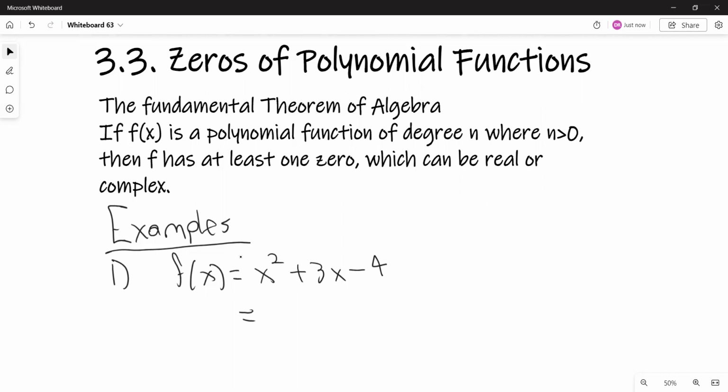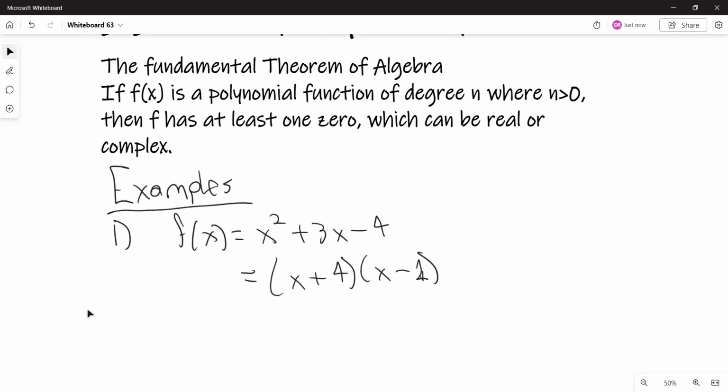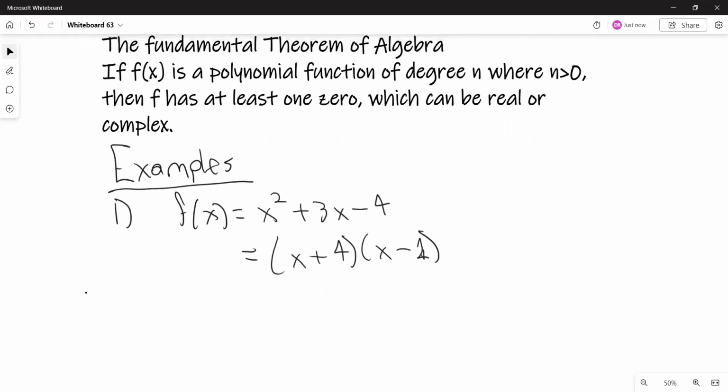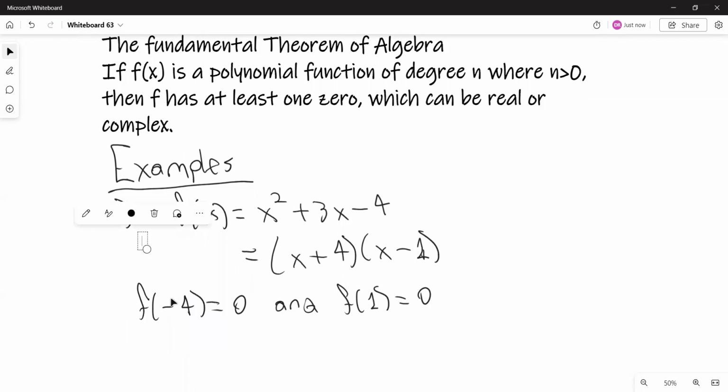This factors as x plus 4 and x minus 1. So this polynomial has 2 zeros, because f of -4 is 0, and f of 1 is 0. Okay, so -4 and 1 are zeros of f.